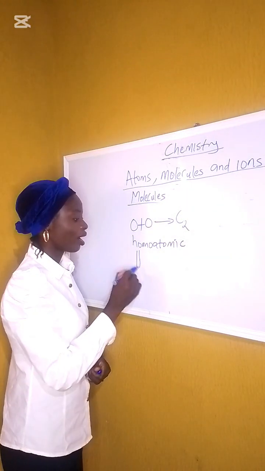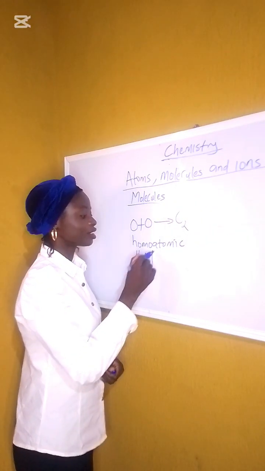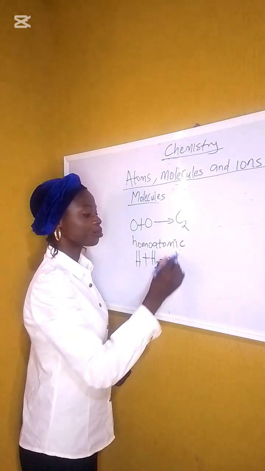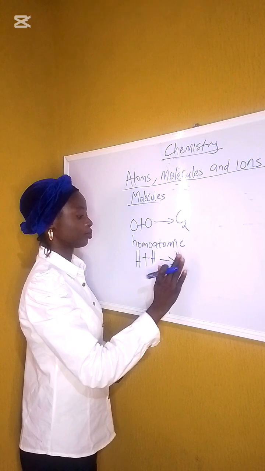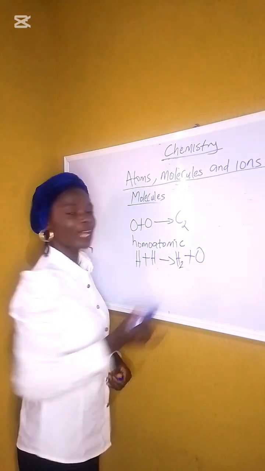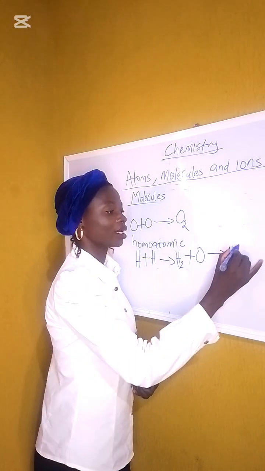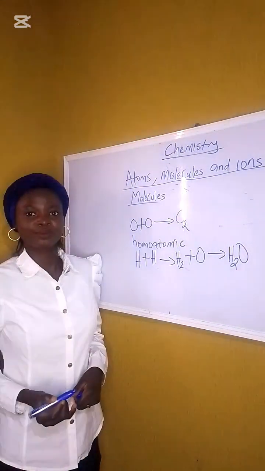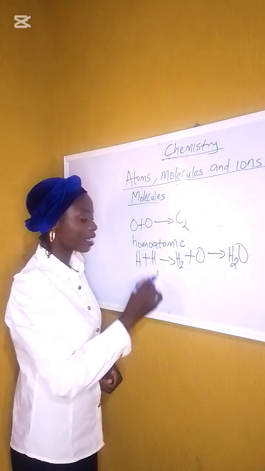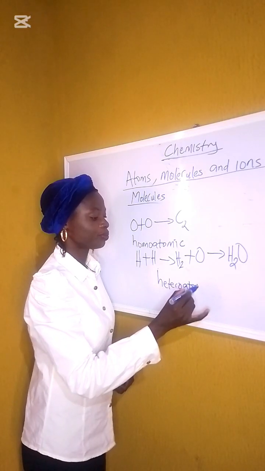Like our hydrogen plus another hydrogen to form a hydrogen molecule. Then the molecule combines with an oxygen atom to form water, H2O. So this one now is no longer homoatomic but heteroatomic.